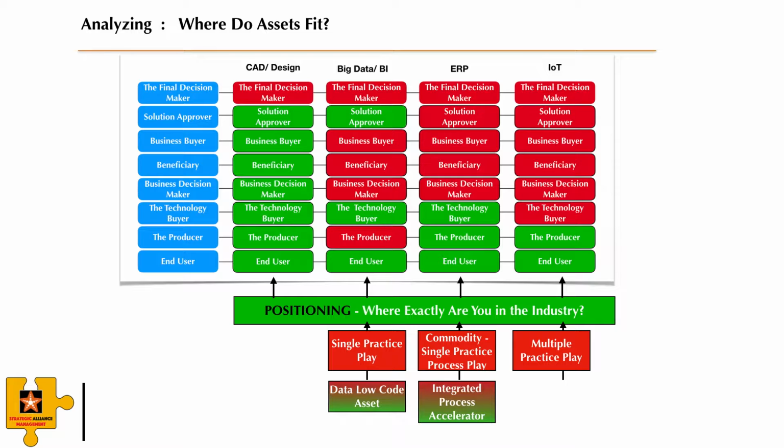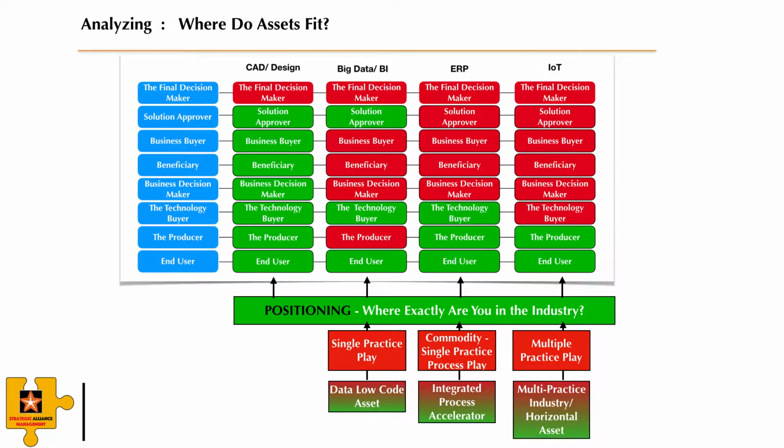Similarly, in IoT, where you have multiple practices playing together, let's say in Industry 4.0, the game changes because now you need, for example, a multi-practice industry asset. You can have a horizontal asset as well.